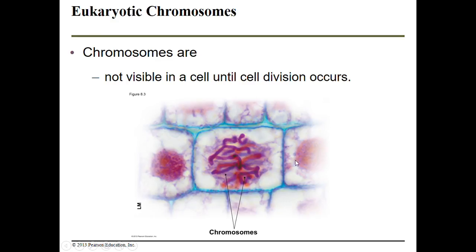You can clearly see it here and not in these two. But anyways, the strong outline between the cells out here is the cell wall. So that's a good indication that we're looking at a plant, because animals don't have cell walls, right? So this is a plant that's undergoing cell division.